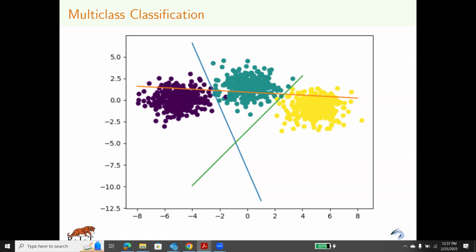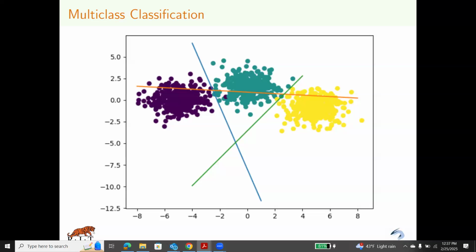In this case, the number of lines will be the same as the number of classes. With one versus all, for every class we will build a decision boundary. For example, for this class, purple, green and yellow will be the second class. So this will be the decision boundary.